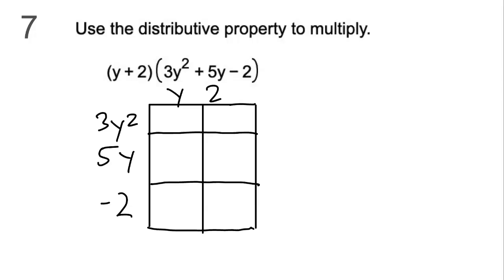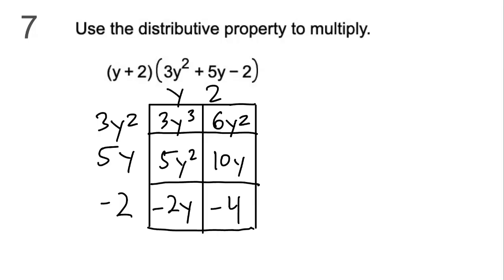Okay, so now we're just gonna fill it in. 3y squared times y is 3y cubed. 3y squared times 2 is 6y squared. 5y times y is 5y squared. 5y times 2 is 10y. −2 times y is −2y, very good. And then −2 times +2 is −4.